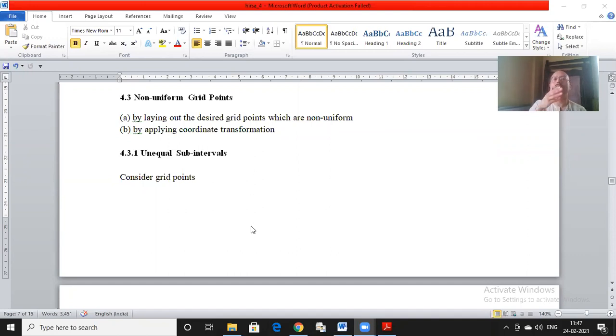So if I have uniformly spaced points on the x-axis and I transform them using a trigonometric curve like that, the points on the y-axis will become non-uniform. That's a more elegant way of achieving non-uniform grid points. So these are the two strategies that we will discuss now: one is the direct unequal subintervals, the non-uniform grid, and the other one is the coordinate transformation.